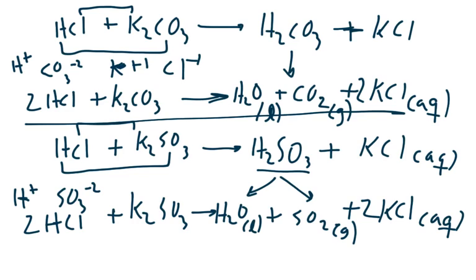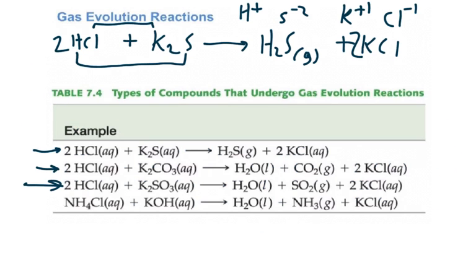Okay? Now, we're going to take a look at one more. We have this one here with ammonium chloride, so we could see the other example, ammonium chloride with potassium hydroxide. So let's do this on a new page here. So we have ammonium chloride, and it's potassium hydroxide.